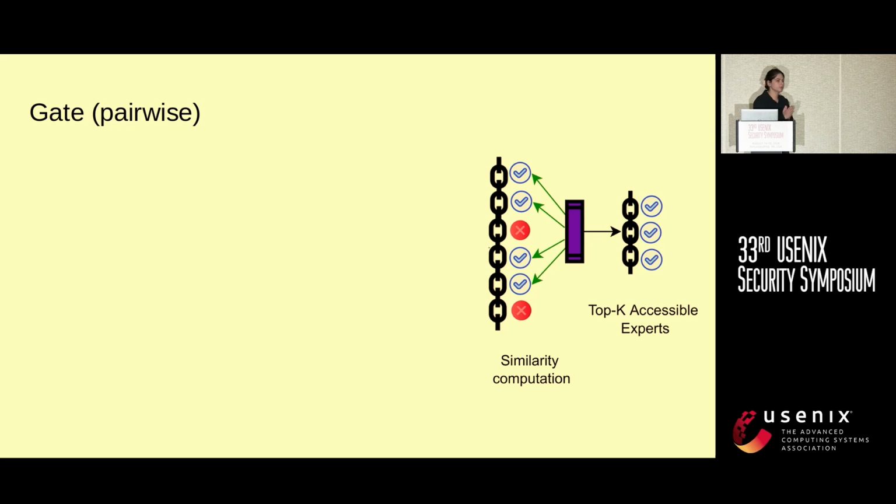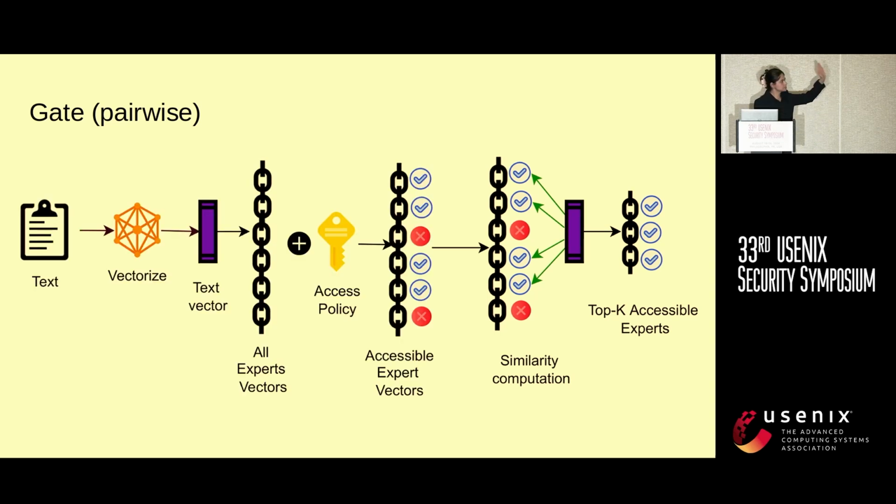And then finally, we do a similarity computation between the user's vectorized input and a vectorized version of all of the experts' training data, and compute which of the accessible experts are most relevant to this particular input. We shortlist K out of the accessible experts for this input. So that is how gating works, and this is how it looks end to end.